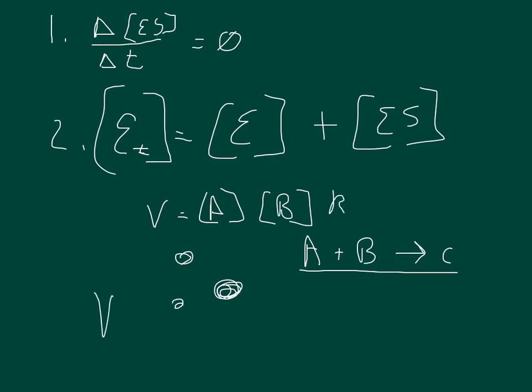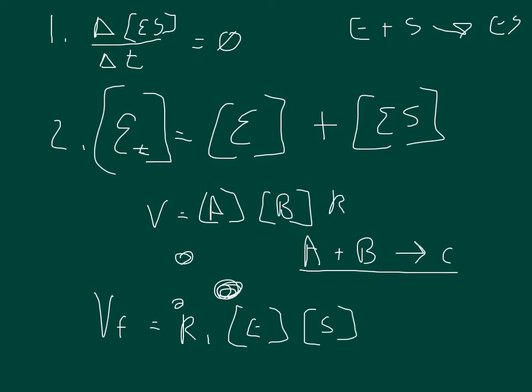So the velocity of the formation of the enzyme-substrate complex, so we have E plus S yields ES, would be equal to k1 times E times S. But we know from equation number 2 that we can express the concentration of the enzyme a little bit differently.